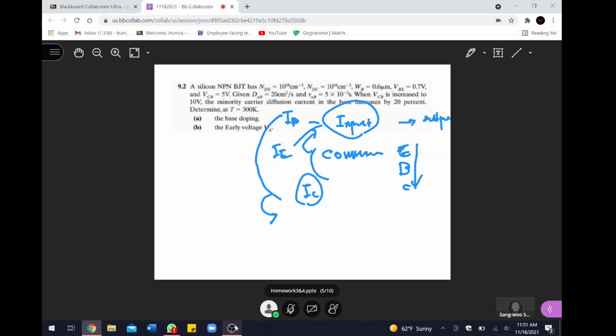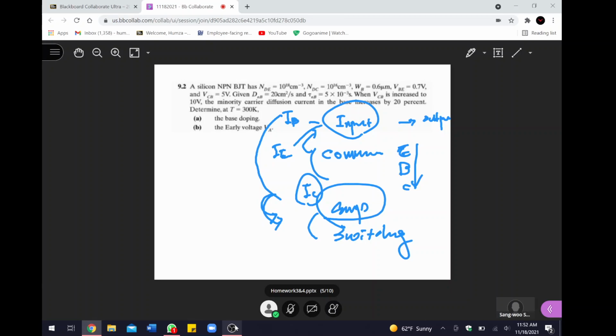Because typically you're going to use this as an amplifier or as a switching device. As an amplifier, it may be used as common emitter, common base, or common collector. Okay, I see. In any case, that should be mentioned. Okay. Thank you, Professor.